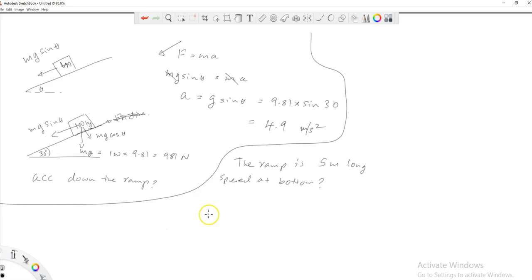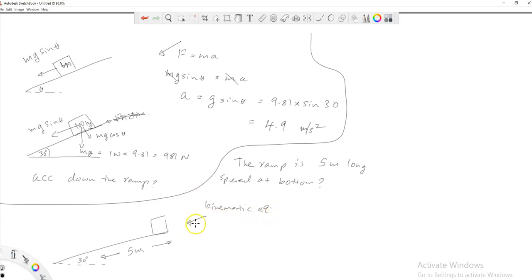So in a problem like this, we have the ramp 5 meters long, making 30 degrees. This 5 meters is measured along the ramp, not the height, it's the distance along the ramp. Starts here. So now we're going to write the kinematic equation in this direction, the direction where it's moving.